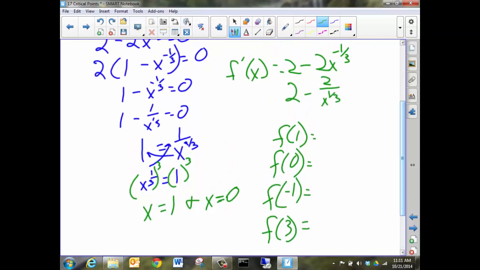So we need to look at those. How do we know we plug them into F and not F prime?